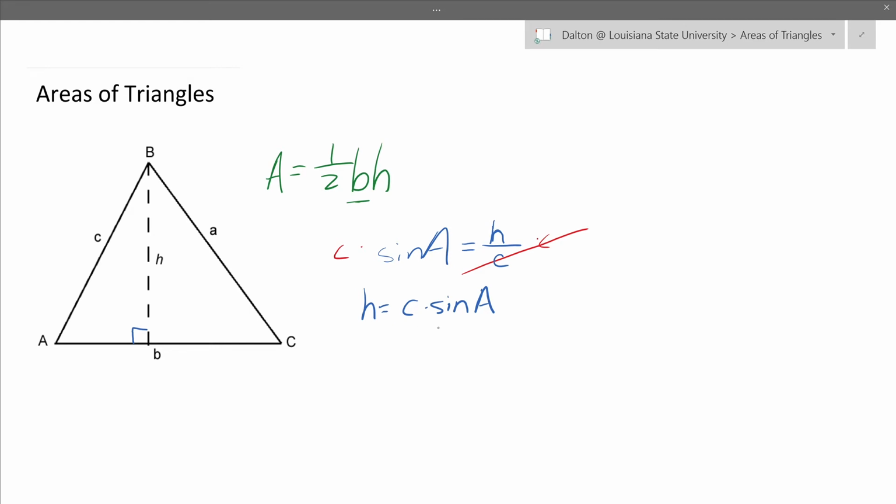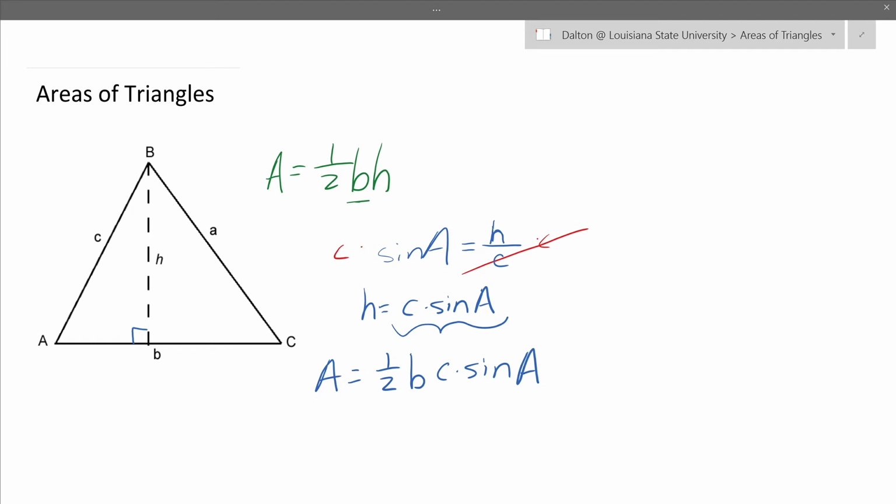So let me use this expression and substitute it into the area formula. If I do that, then I get area is equal to 1/2 times the base times, instead of H, we're writing C times the sine of A. Now, the confusing part here is that we have 2 capital A's, right? The sine of A is an angle, and here it stands for area.